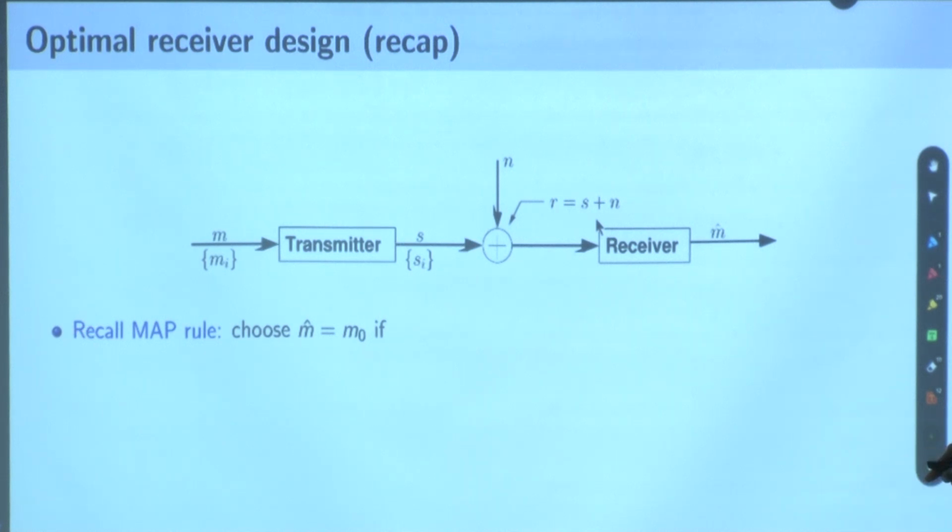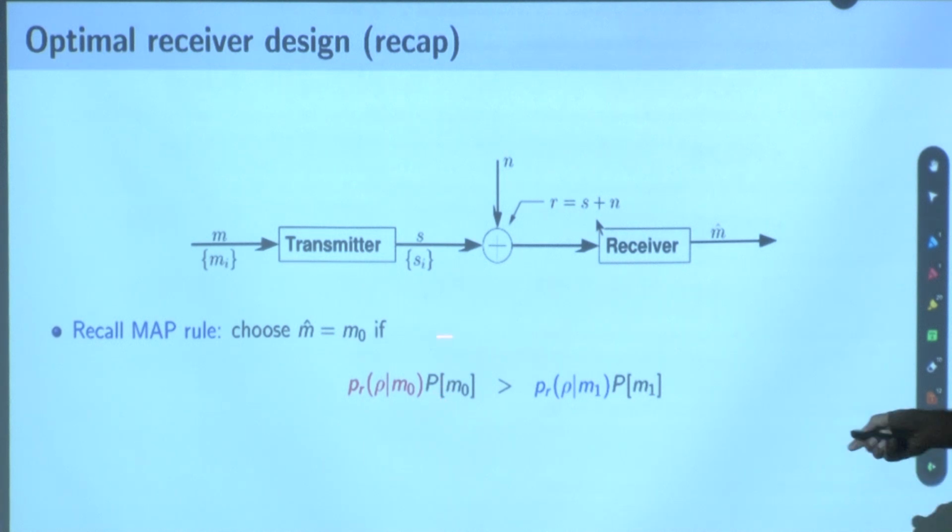It tells us that the estimate of M is chosen as M0 if this a posteriori probability is greater than the other a posteriori probability. And what is this a posteriori probability? It is the probability of rho given M naught, times the probability of M naught.